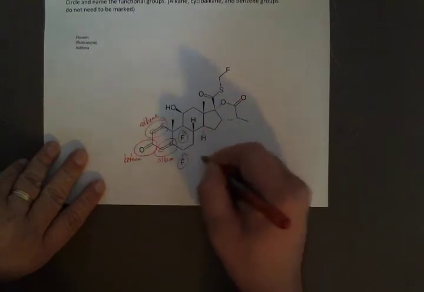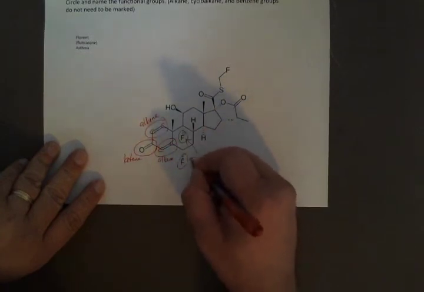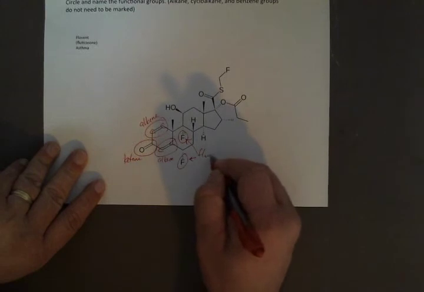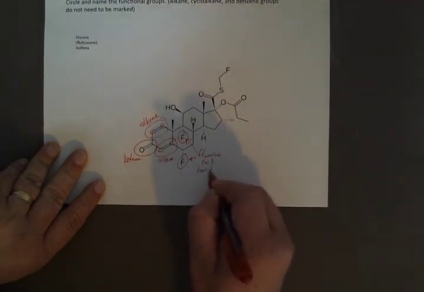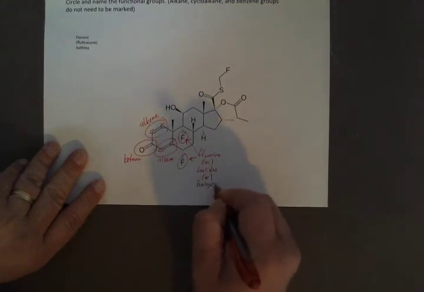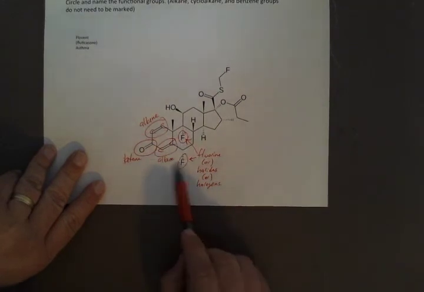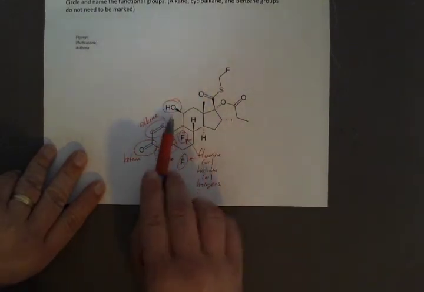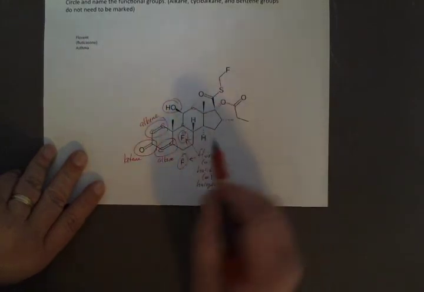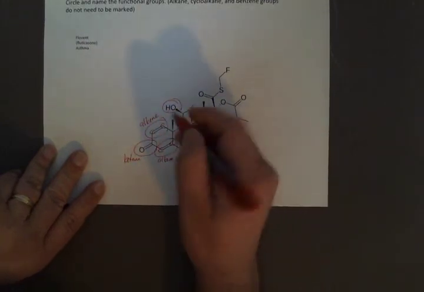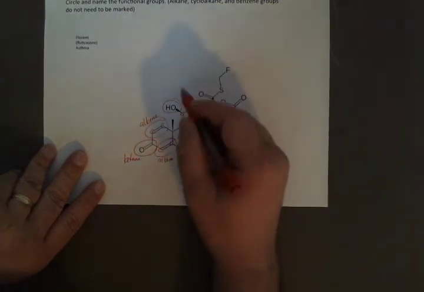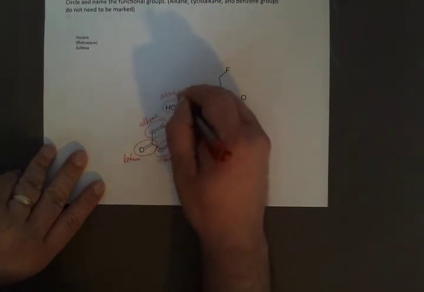These two, that one and that one, you could call these fluorines, or you could call them halides, or I'll take halogens. Okay, I don't care. Fluorine. Okay, the OH here, there's just carbons on either side, no C double bond O here, so this is an alcohol.